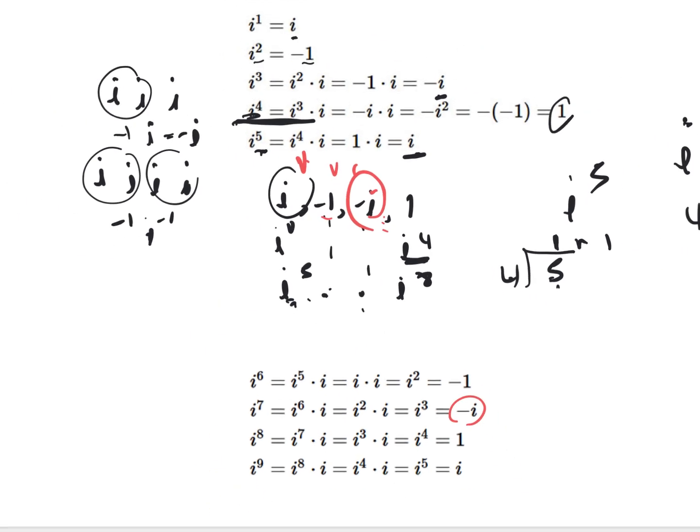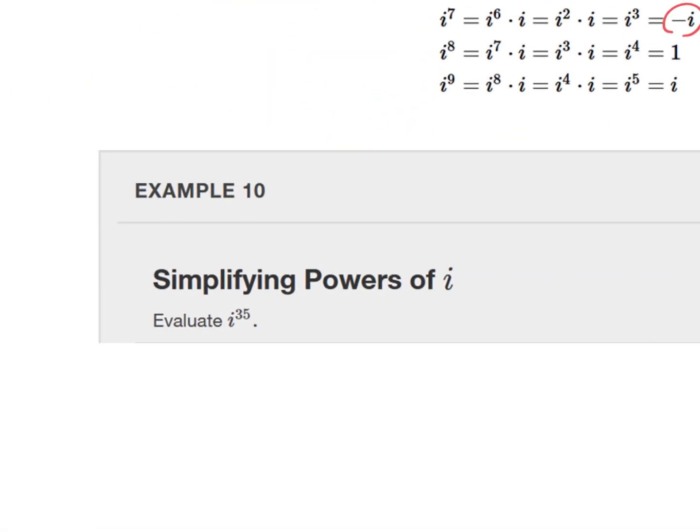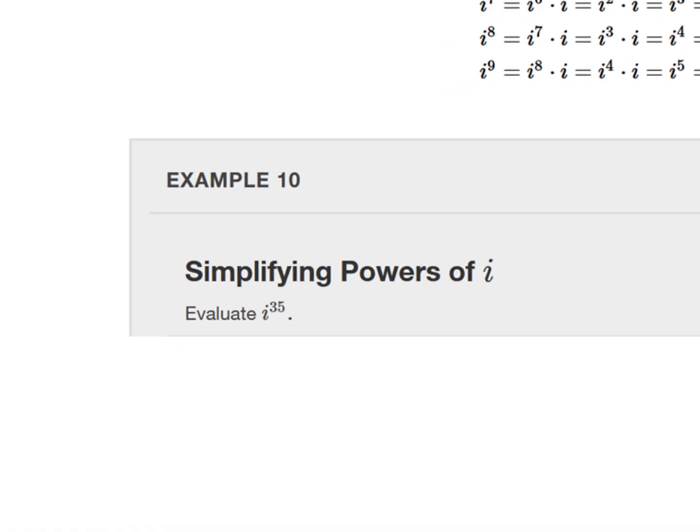So why is this method pretty powerful? Because look at the example here. I want to do i to the 35th. Well, I don't want to list them all. I mean, I don't want to keep doing i, negative 1, negative i, 1.